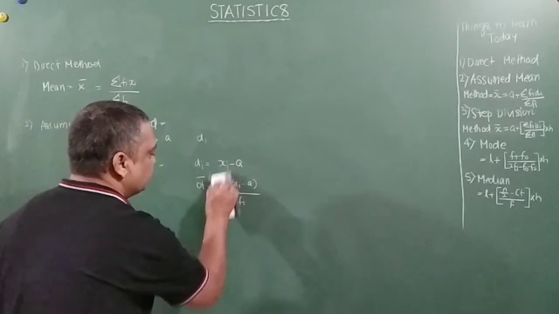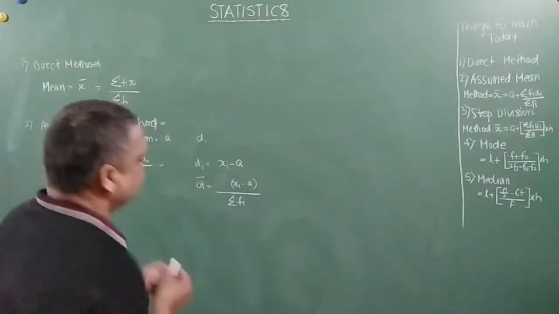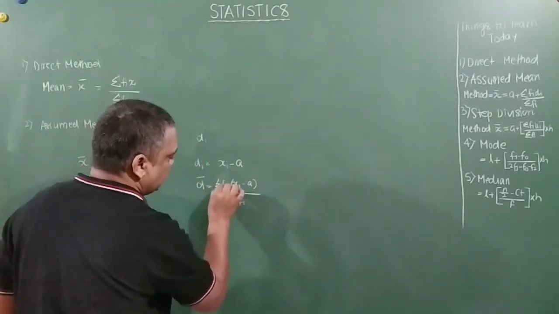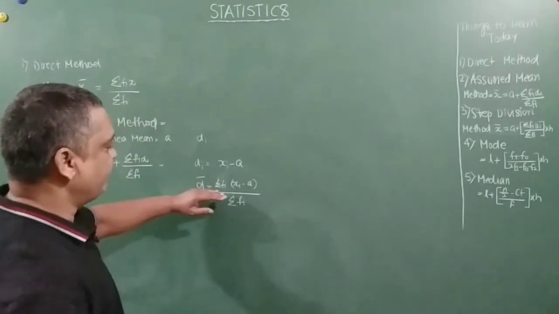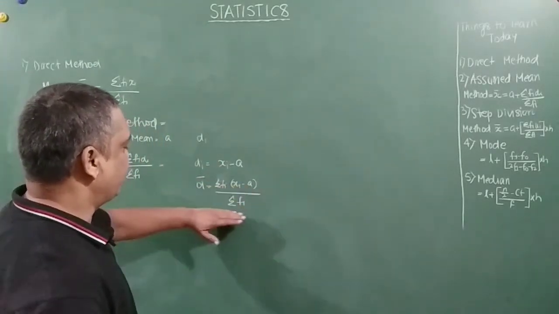Sorry, I have missed out one point here: sigma of fi. You got it? Sigma fi (xi minus A) divided by sigma fi.